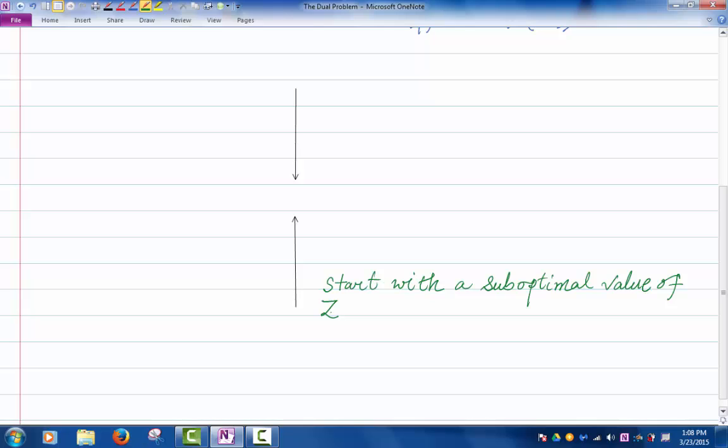So you start with the suboptimal value, and then you increase Z until the optimal value Z star is obtained.